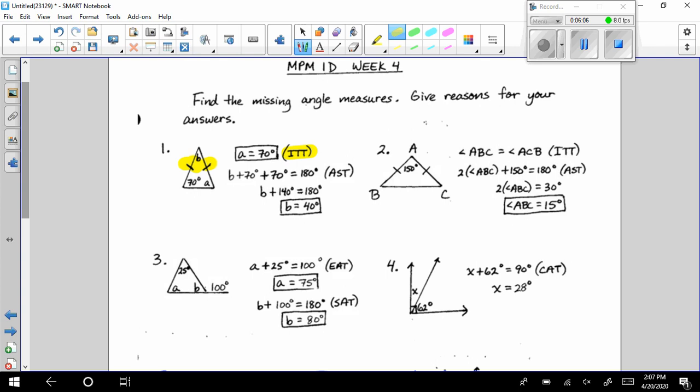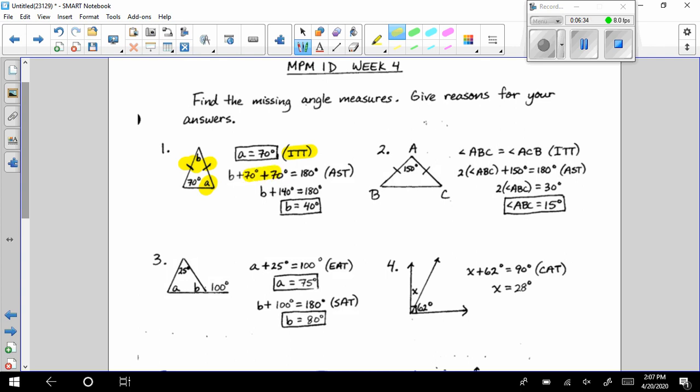To solve for angle B, I'm using angle sum triangle theorem, shortened to AST. I know all three of those angles are going to add up to 180, and now that I've already established that angle A is 70 degrees, then I write an equation. So angle B plus 70 degrees plus, this is the value of A, also 70 degrees, is equal to 180 degrees.